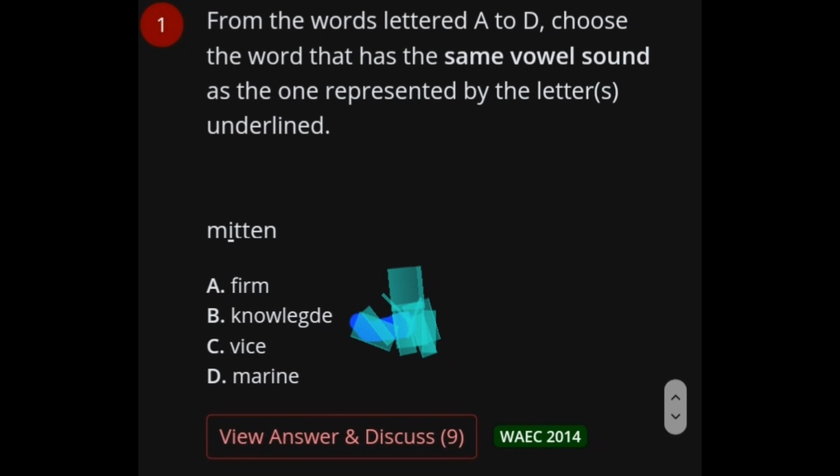Firm does not contain short sound E, it contains the /ɜː/ sound. Vice contains a diphthong, and marine contains the long E. So only knowledge contains the short sound E. So avoid pronouncing that word as knowledge. It is knowledge, knowledge. So it contains the short sound E as underlined in the word meeting.